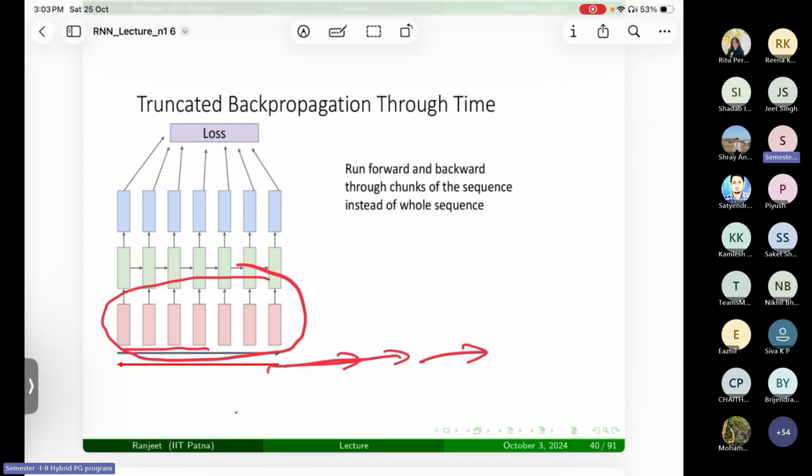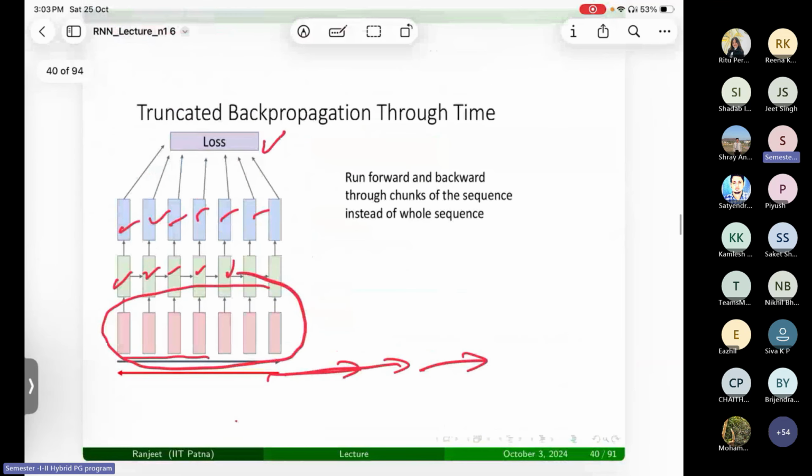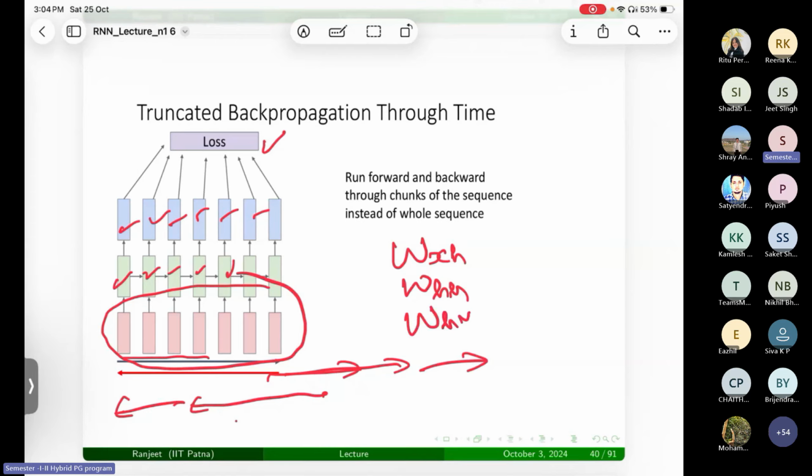Every word is processed, getting states and output from every state, and then I'll aggregate the loss and do the backpropagation. The loss is calculated, then we go back and find the gradient, and with the help of the gradient we change WXH, WHH, and WHY, because these are the three things that we need to update, and we'll do it.